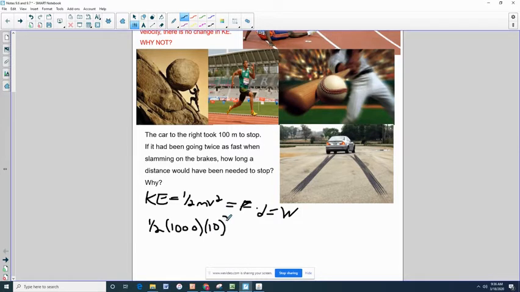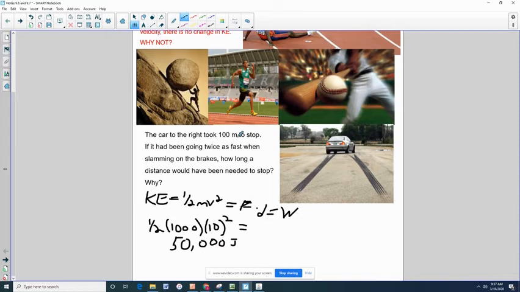And then we square that. And then that is going to be equal to the force times distance. But let's solve this out first. So we have 10 squared, which is 100. 100 times 1,000 is 100,000. And 1/2 of 100,000 is 50,000 joules of kinetic energy. And that is going to be equal to the force times the distance.